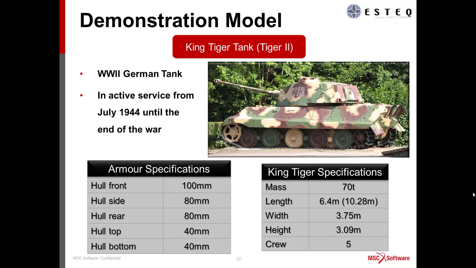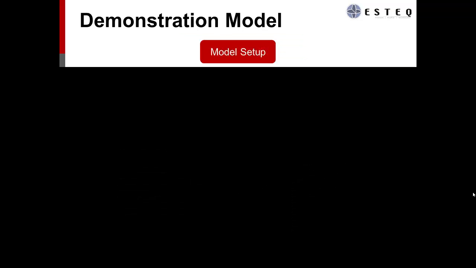So this is a very well protected vehicle, let me put it that way. This model was purely constructed for demonstration purposes. As you can imagine, most of the work that's done in this area is highly confidential, so this model was built purely for demonstration.